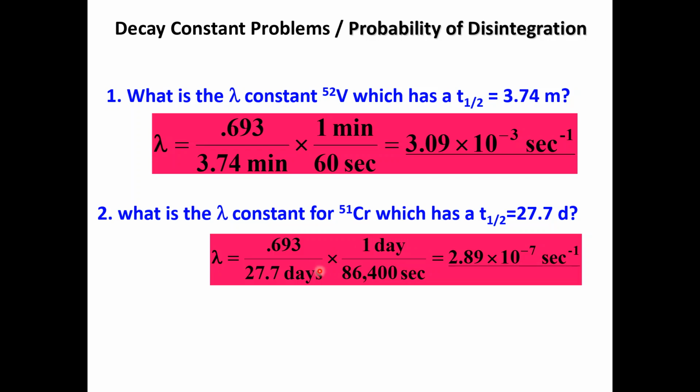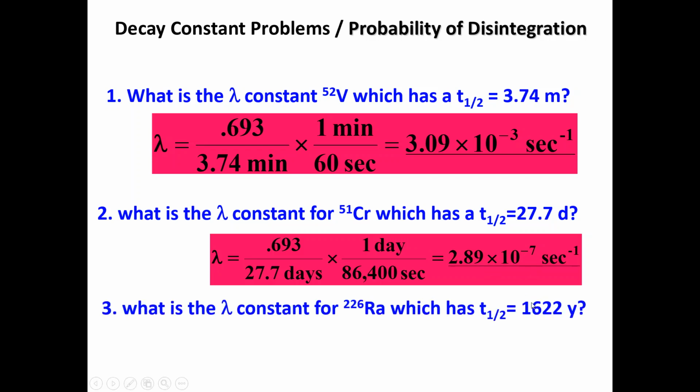So by this we can convert days into seconds. Now the thing is very simple. You just need to do the calculation with the help of a calculator, and you get the decay constant equal to 2.89 times 10 raised to the power minus 7 per second.